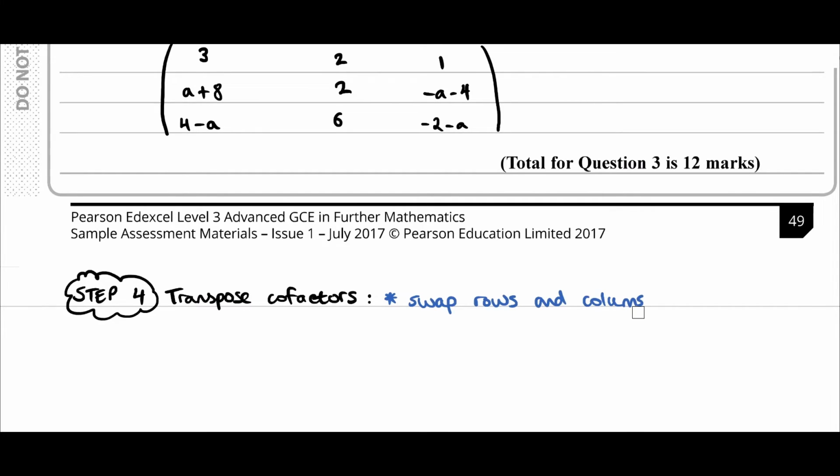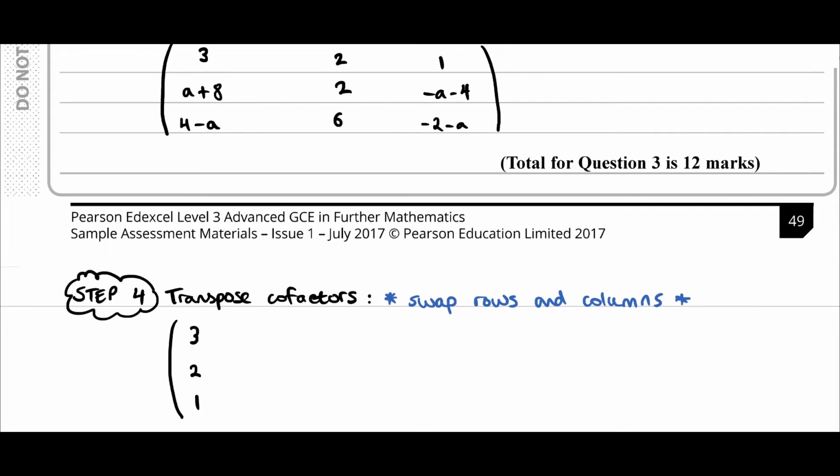If we consider our first row here, the 3, 2, 1, that becomes our first column. So we have 3, 2, 1. If we consider our second row, a plus 8, 2, minus a minus 4, that becomes our next column.